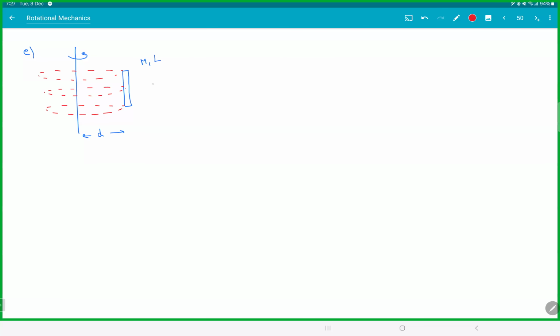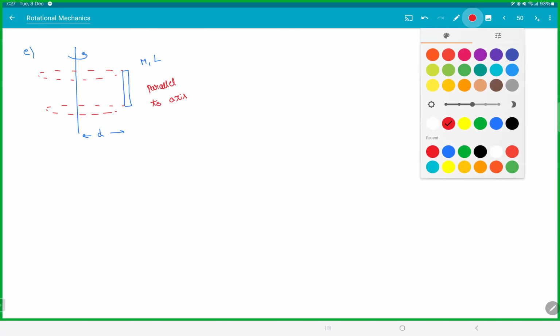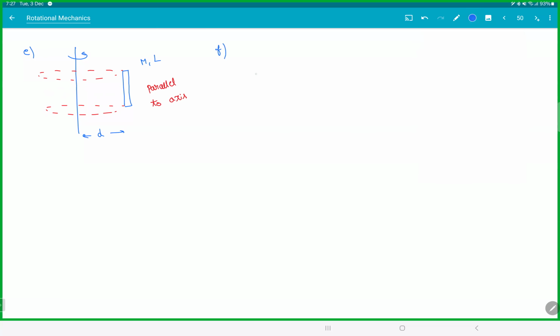It's parallel to the axis. Let's say lambda is equal to lambda naught x square, a non-uniform rod.